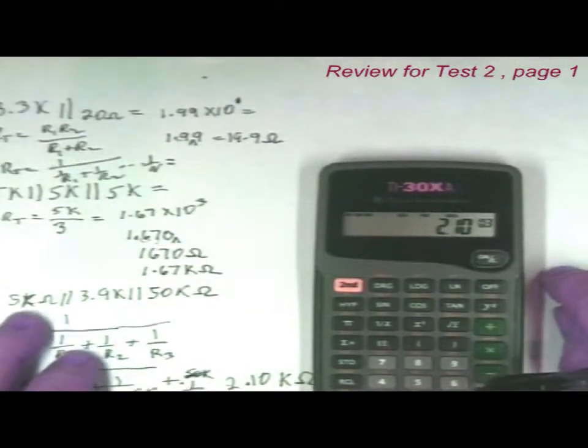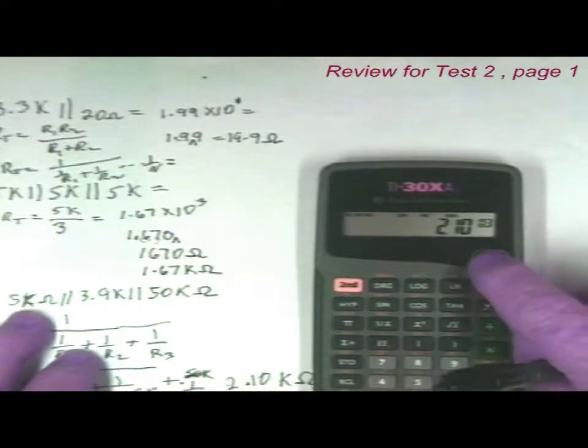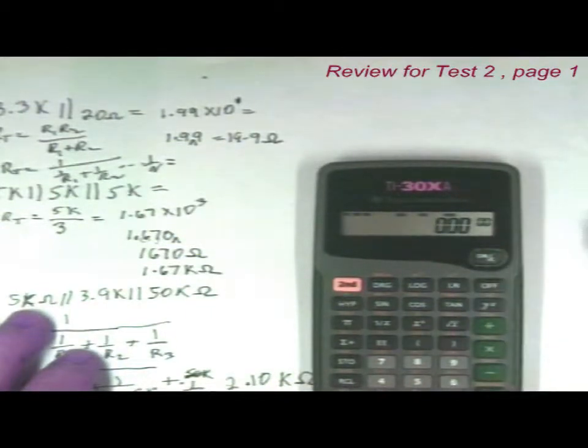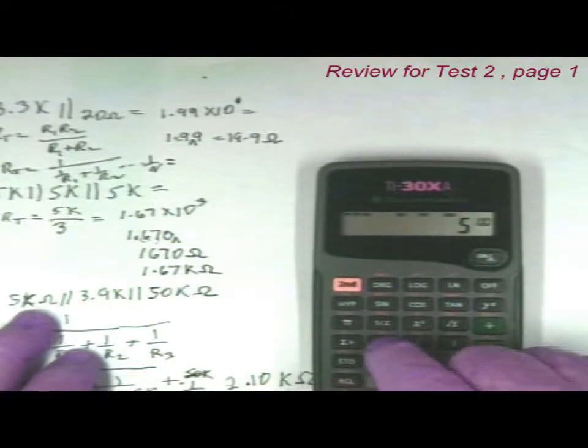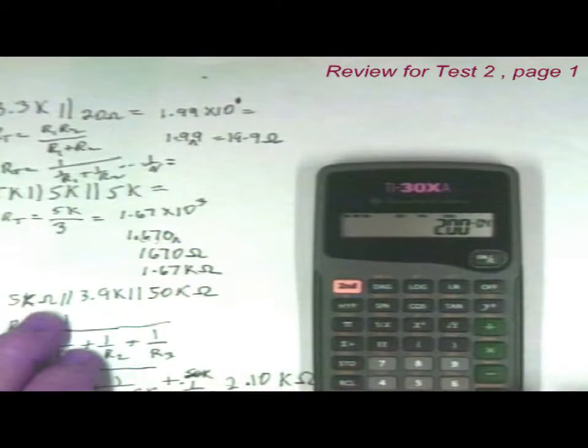Now a good way to check yourself, of course, is to go through this again. I'm going to go up here to the top. I'm going to clear the calculator, and let's see if we can get that in there reasonably rapidly. So what I do, I push in a 5, and I put in double E 3, and then I take a reciprocal, right?